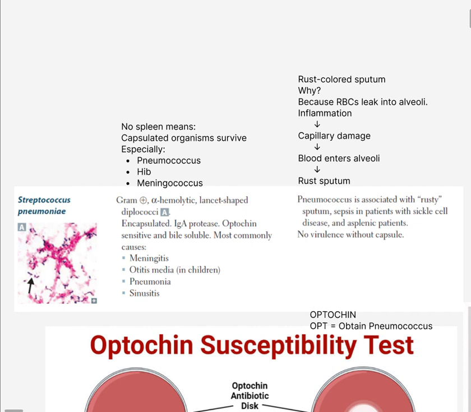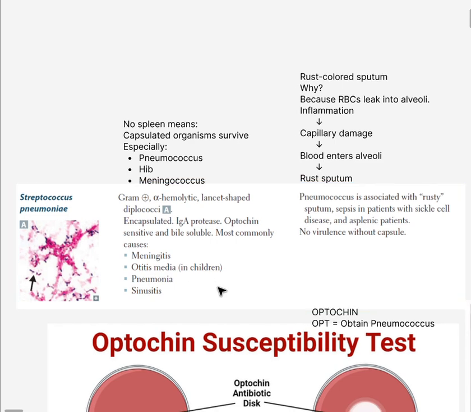We saw there was rust sputum. There were diplococci, acting in pairs, and they were bile soluble because autolysis was happening because of the autolysins. It was optochin sensitive. The growth was inhibited; there was a zone of inhibition around the optochin. That is something you should remember, right? So these are the ways we will diagnose it.